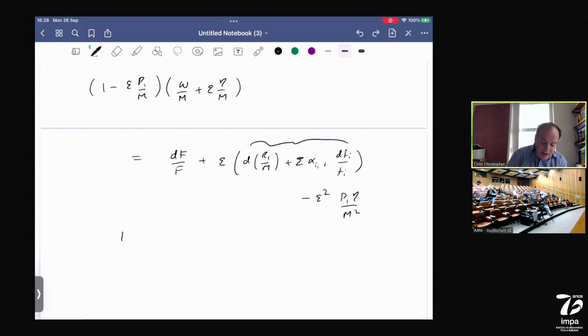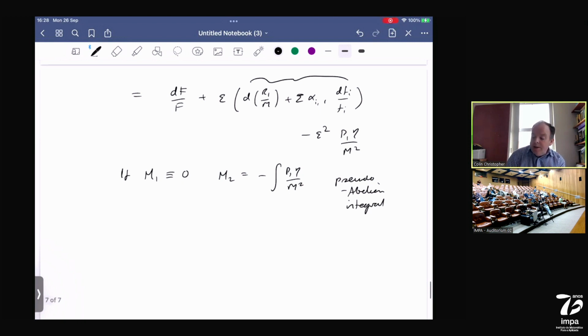And it tells me that if m1 is identically 0, then m2 can be written as the integral of minus p1 eta over m squared. So this is also a pseudo-Abelian integral. And then we can carry on the same process.